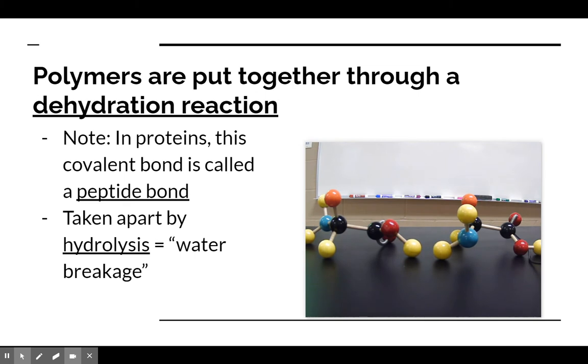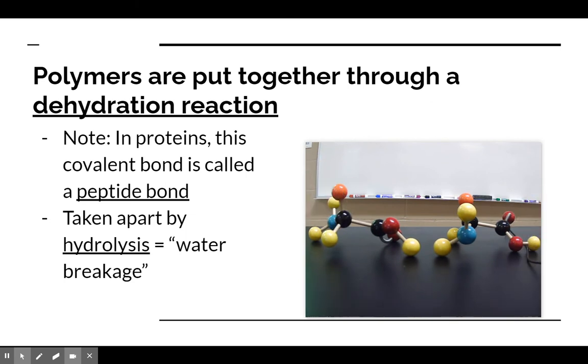So hydrolysis literally means using water to break apart the atoms in a polymer and break it back to the constituent monomers that make it up. So I'm just going to write a couple of those definitions on the screen so that you have these definitions in slightly different words. And then we will continue on talking more specifically about proteins.